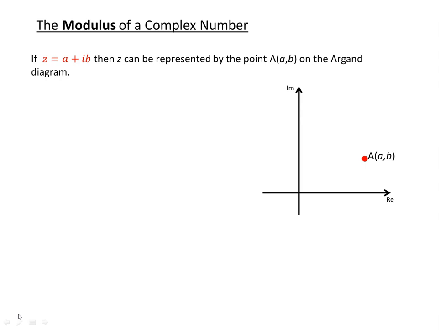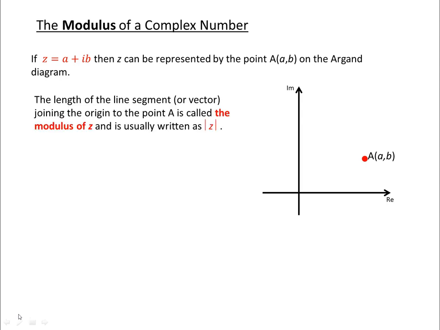And this distance of a complex number from the origin is called the modulus of the complex number. So the modulus of a complex number is the length of the line joining the origin to the point (a, b), which represents the complex number a plus ib on the Argand diagram.